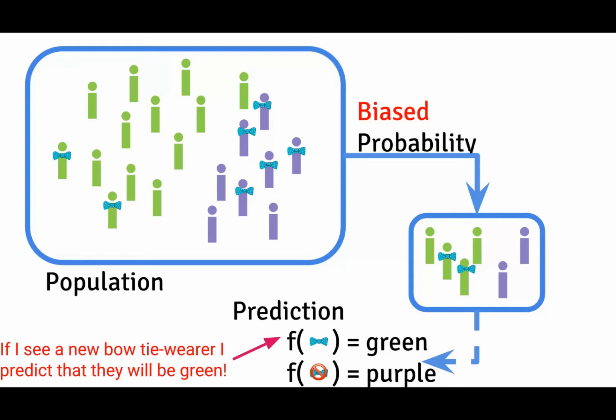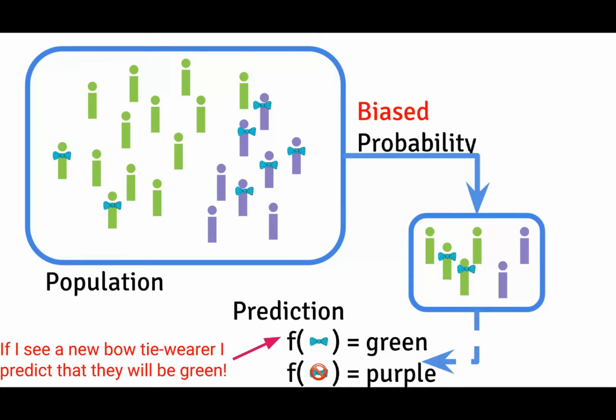So for example, in our general population, you can see that when you're green, most often you're not wearing a bow tie. And when you're purple, you're most often wearing a bow tie. But imagine, due to some circumstance, whether it's accidental or on purpose, we've collected a small subsample of individuals where the opposite relationship is true.